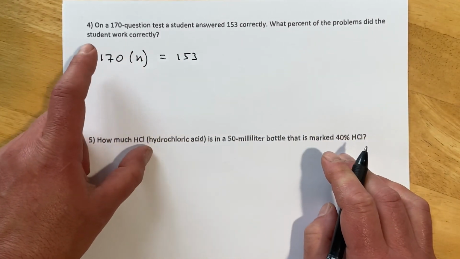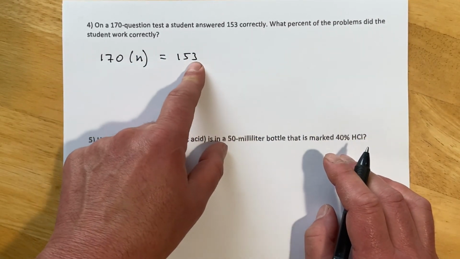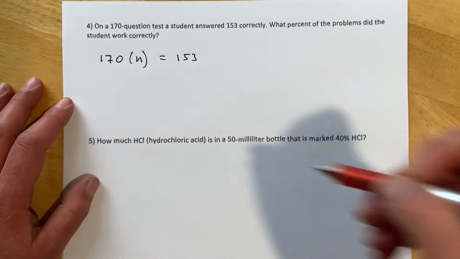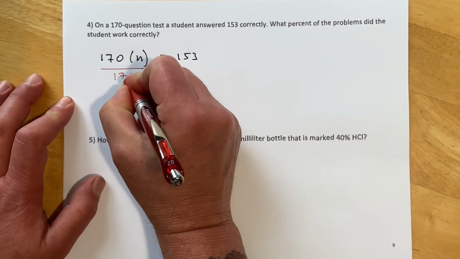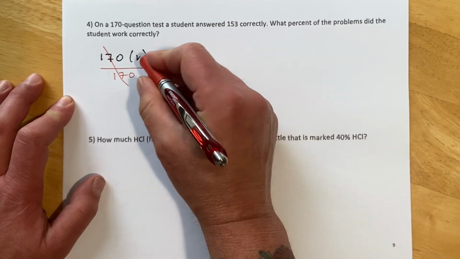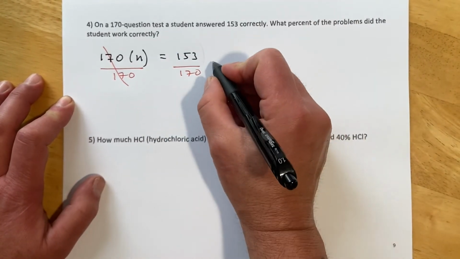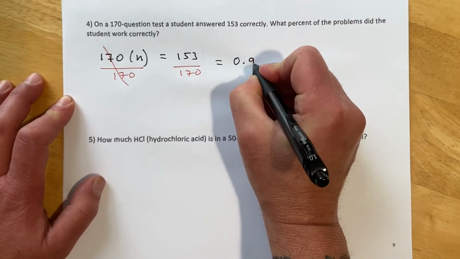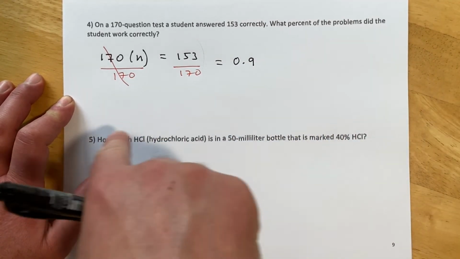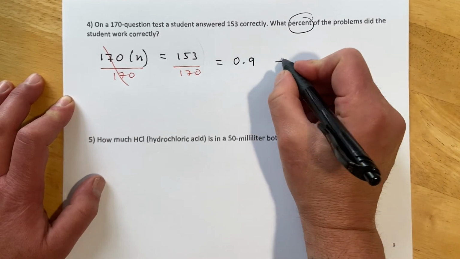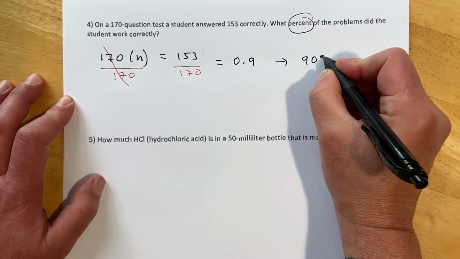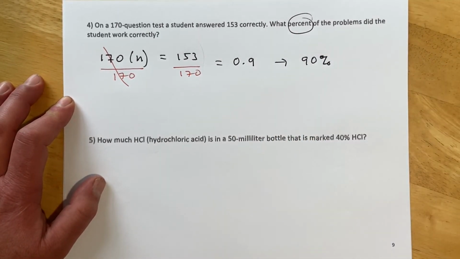So some percentage of 170 is 153. Once I can see that, now I know, okay, I just divide over my 170 because I want the n by itself, because that's what I'm trying to solve for. And then we throw that in the calculator, and it looks like the student got 0.9, but that's not a percent, that's a decimal. So that would be, they got 90% on the exam.